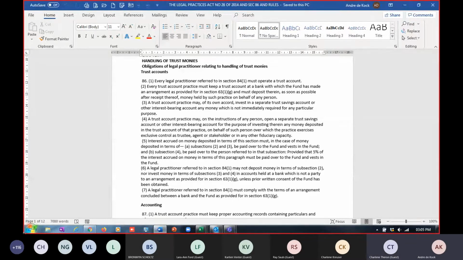Yes? Excuse me, is that the authority to invest form the client must complete? Please say it again. Is it the authority to invest that the client must complete these days for you to invest their money in an interest-bearing account?